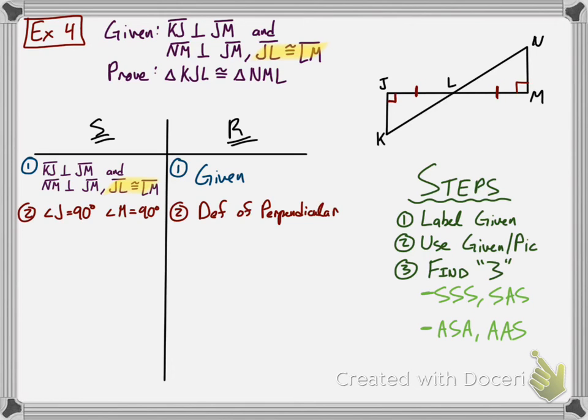Now anytime you come across perpendicular, a lot of times you're going to use an additional step here where we're going to say, because both of those angles are 90, because J is 90 and M is 90, that those are congruent.